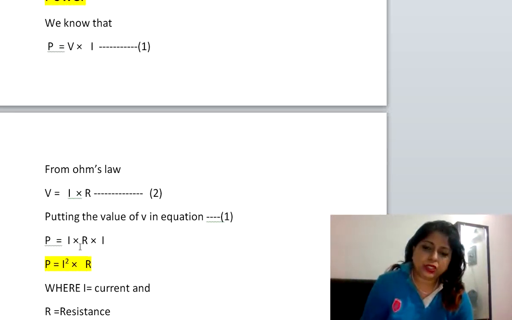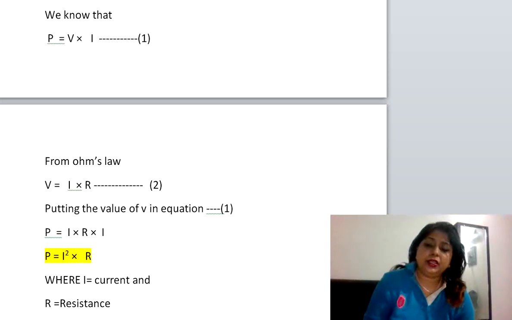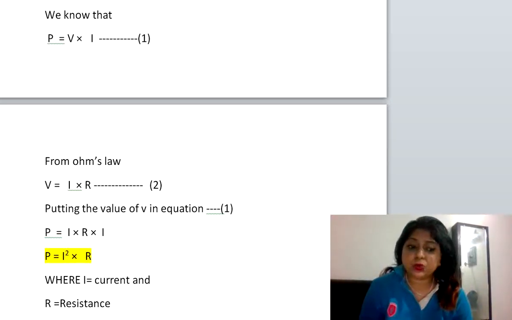So P equal to this I and this I, it becomes I square. So P equal to I square into R, where I is current and R is resistance. So still 3 formulas I had given: P equal to W upon T, P equal to VI and now P equal to I square R.